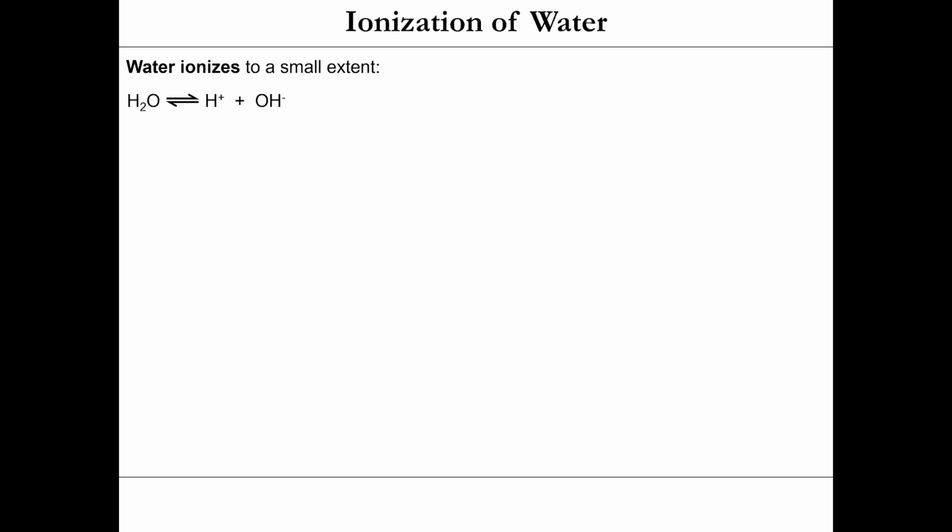All right, so we kind of mentioned earlier, but now we're going to discuss in more detail the ionization of water. So just water in a solution will ionize to a small extent in that the H2O of water will convert in a reversible reaction to proton concentration or hydrogen ion concentrations, H plus, and OH negative, hydroxide ions.